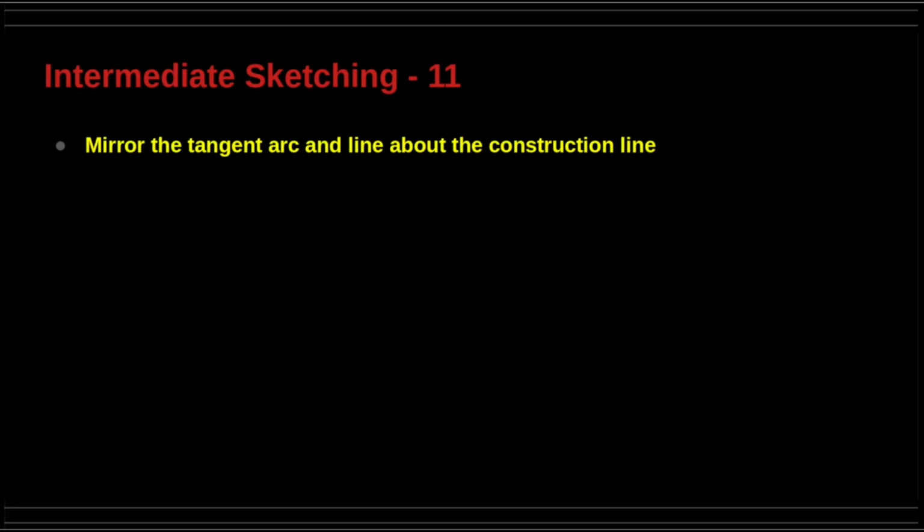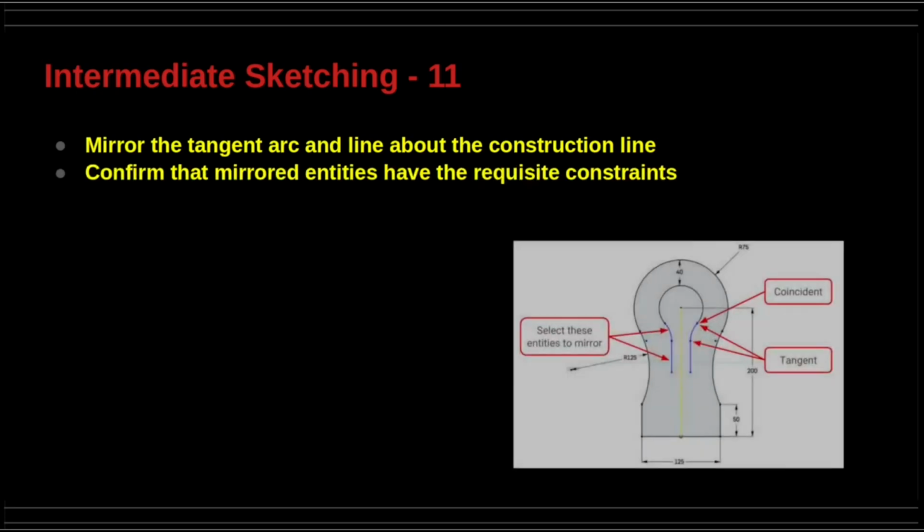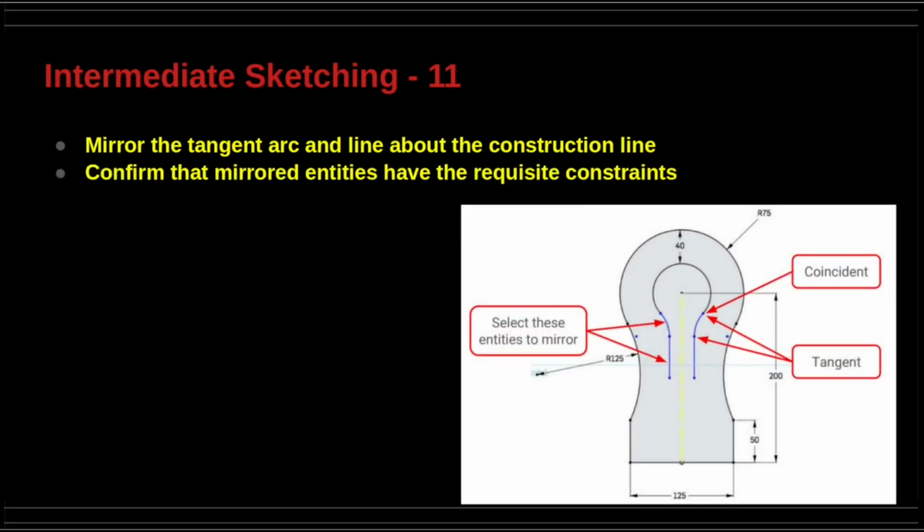Mirror the tangent arc and the line about the construction line. Confirm that mirrored entities have the requisite constraints.